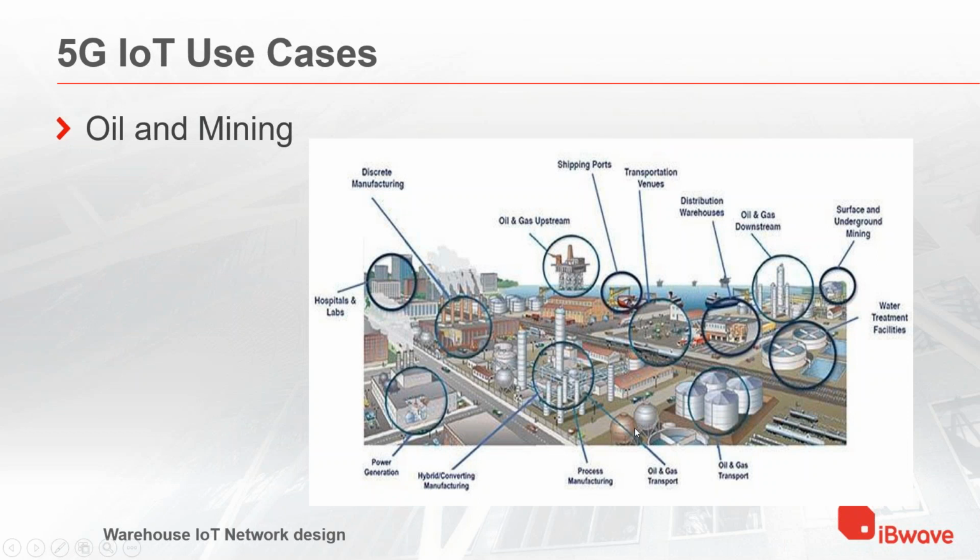picture that I have shown here, then you see that really that industry is deployed over a vast area. And each of those individually will need to have IoT coverage inside, but also there should be an IoT coverage on the outside between those plants.